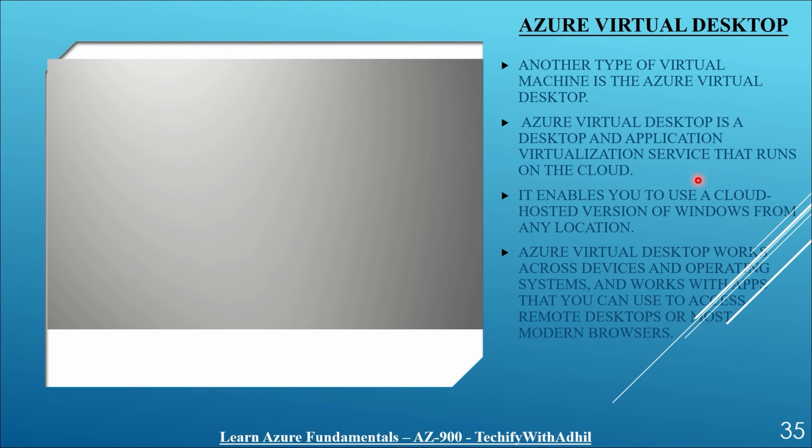With an Azure Virtual Machine, they just provide us infrastructure based on the size we chose, then we have to install the OS and do all those things. Here, a virtual desktop itself is provided as an Azure service. It enables you to use a cloud hosted version of Windows from any location. Azure Virtual Desktop works across devices and operating systems, and works with apps that you can use to access remote desktops or most modern browsers.